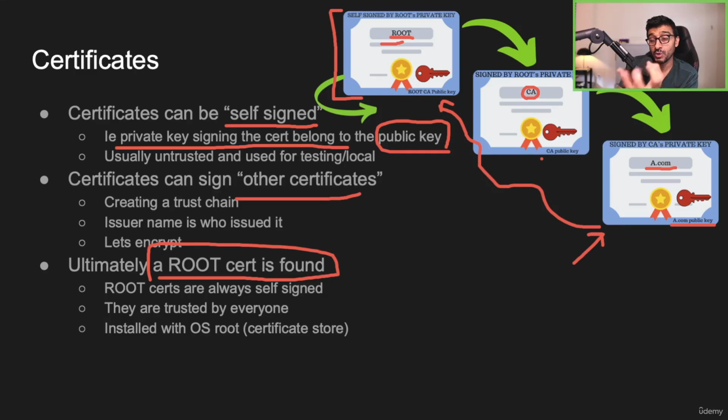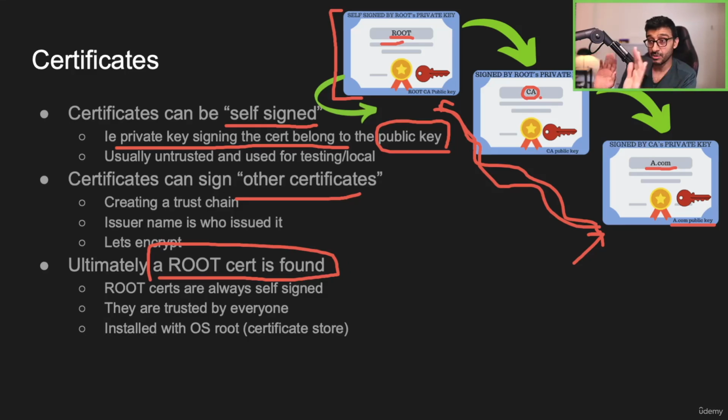Sometimes when you send from the server, you can send the full chain. It literally is called the full chain, and it's large when you do that, because sometimes clients don't have the intermediary certificate authorities in their certificate store. So you need to send the full chain in certain situations. Yes, it's large, but you get to support more clients. In that case, you look up A.com and find that A.com was signed by CA.com.